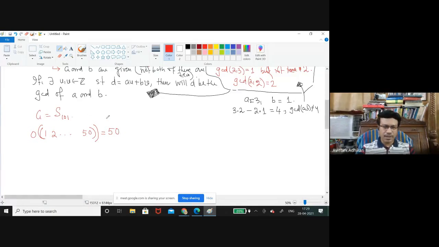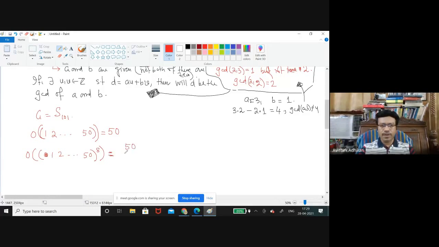As I mentioned in my earlier classes, now I want to find the order of the element (1 2 3 ... 50) to the power 8. What would this be?